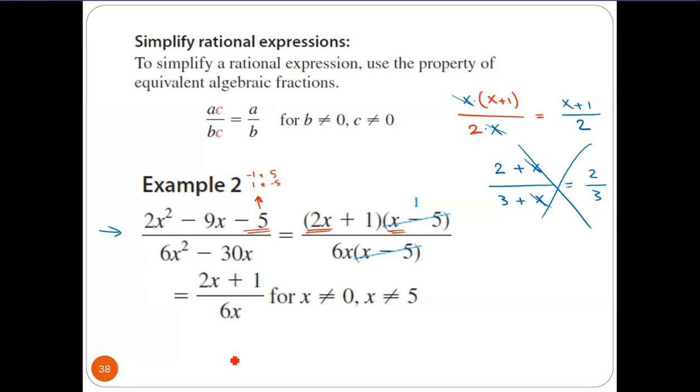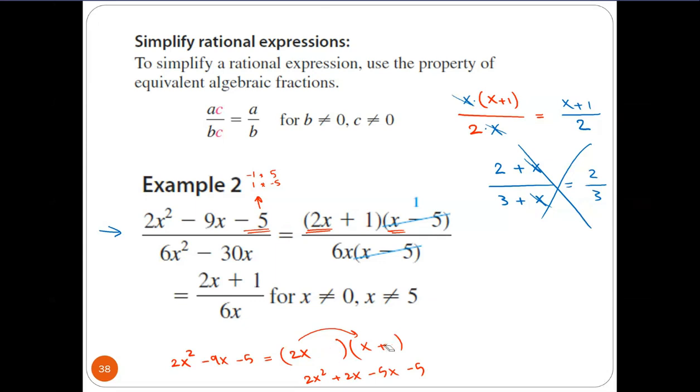Let's check whether this is correct: 2x squared minus 9x minus 5. If some student puts 2x minus 5 with x plus 1, for example, look at this: 2x multiplied by x is 2x squared, 2x multiplied by 1 is 2x, minus 5x, minus 5. So we have 2x squared minus 3x, not minus 9.